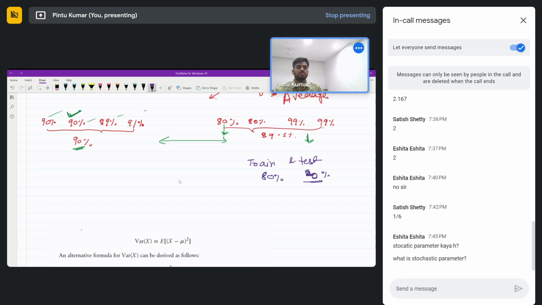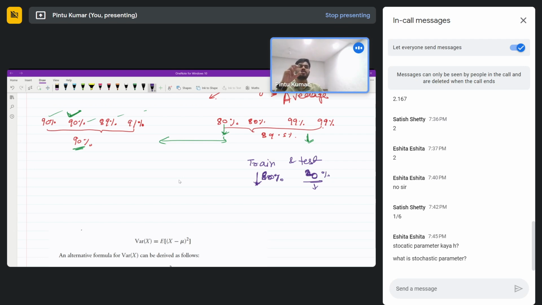The 80% data points that you choose in the training data set are not always the same 80% that you will be doing again and again. You can do that, but what generally people do is take some random 80% out of the complete data set and keep some random 20% as the test data set. And if you are repeating the experiment a second time, you take 80% again.